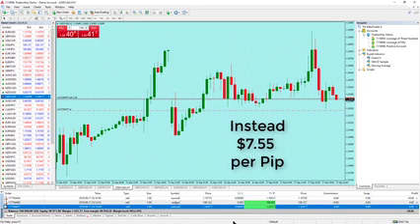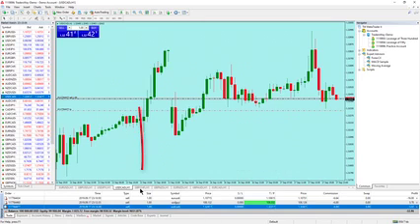Well, on the euro dollar, the USD is the quoted pair. On the dollar CAD, the dollar's the base pair. So for the exact same movement, I make only about 75% on a CAD trade, going the exact same number of pips. So that's why I want you to understand that not all trades are equal, even though you're trading 100,000 units of that base currency.